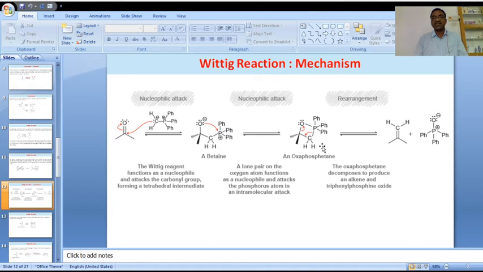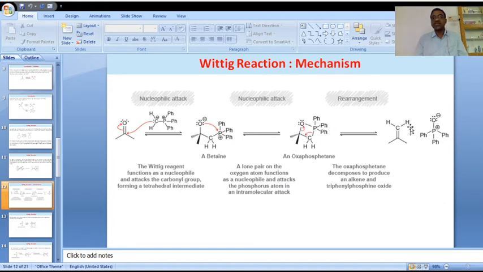In the oxaphosphetane structure, it undergoes a rearrangement process. Here, the sigma bond between carbon and phosphorus cleaves and these electrons shift to this side, and at the same time the carbon and oxygen bond cleaves and these electrons shift to the oxygen side.